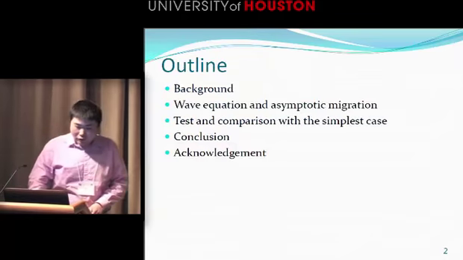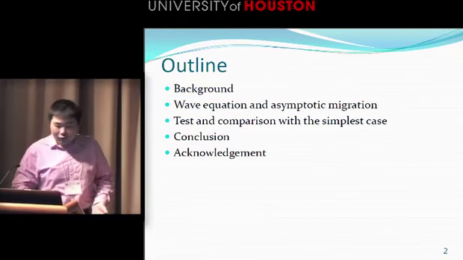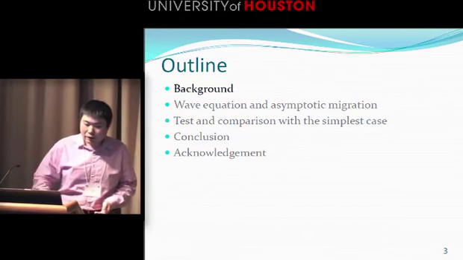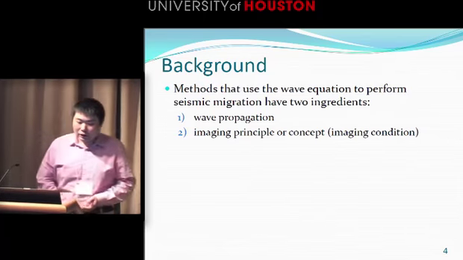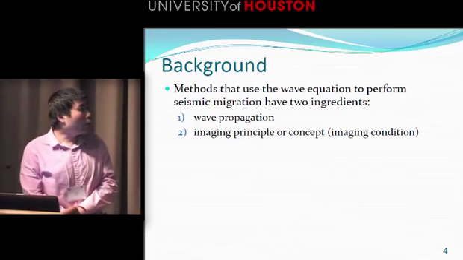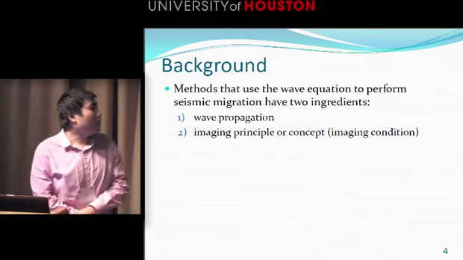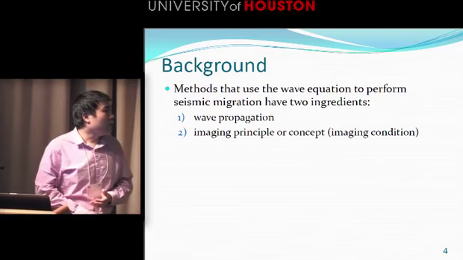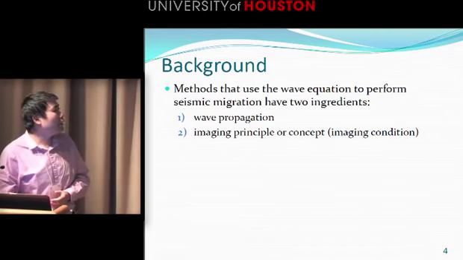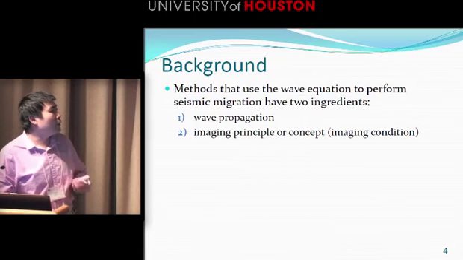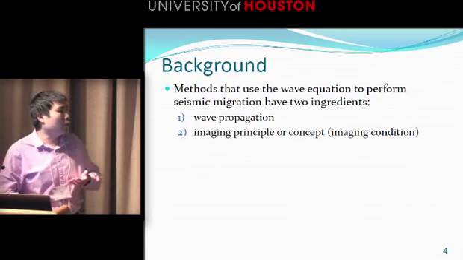So first, we start from some background. Most migration methods involving wave equation usually have two ingredients. One is the wave propagation, one is some image principle or concept or image condition.